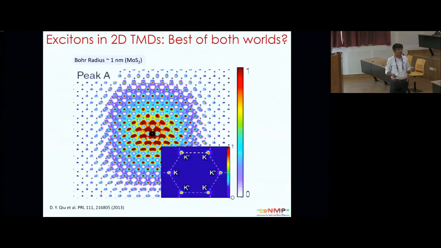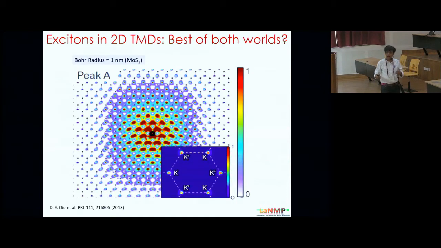So the question comes, what is the binding energy of these materials? One of the interesting things about this system is that, in its bulk form, they are indirect bandgap materials. If you keep exfoliating the layers and get down to the monolayer limit, it starts emitting light because it becomes a direct bandgap. However, the direct bandgap happens not at the gamma point, like in most inorganic semiconductors. It happens at the K and K prime points.